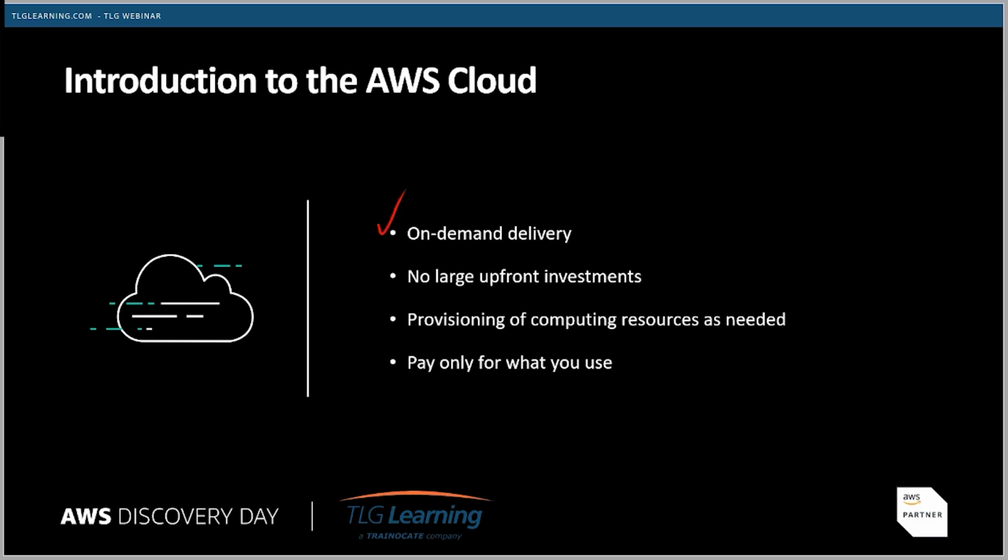I can begin using services and deploy new capacity on demand as necessary, with no large upfront investments for these services. I can provision computing resources and other things, databases, storage, etc., as necessary. And it's pay as you go, pay only for what you use, a type of strategy.